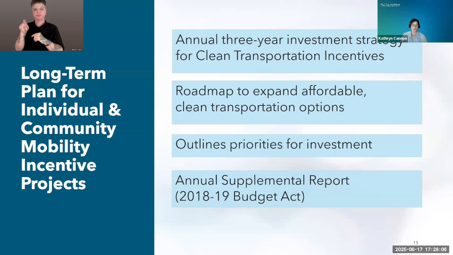It includes a light-duty vehicle affordability analysis, given the current incentive landscape, an analysis of 3-year funding need for CARB's light-duty vehicle and clean mobility projects, a discussion of staff's longer-term vision for these projects, and finally, the long-term plan serves as the annual supplemental report required by the 2018-2019 Budget Act.